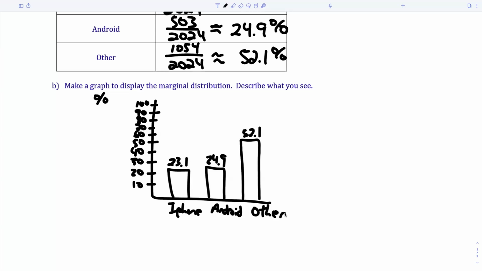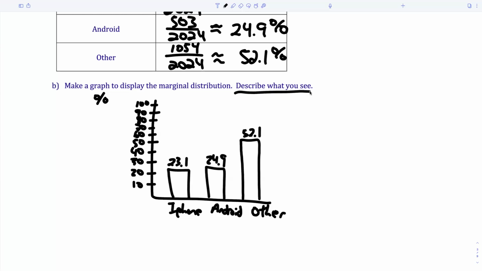It says, describe what you see. So what do you notice? And you don't have to overthink this, right? But I said, at that time, the iPhone and the Android, they were about the same, right? But the others were what? How do the others percentage-wise compare to the other two?